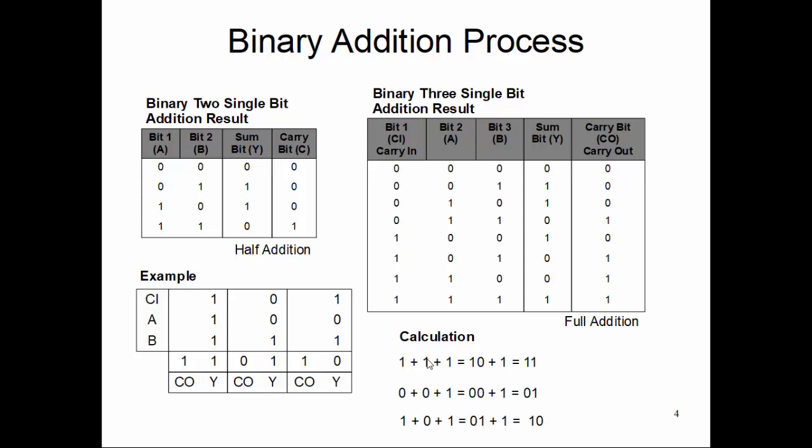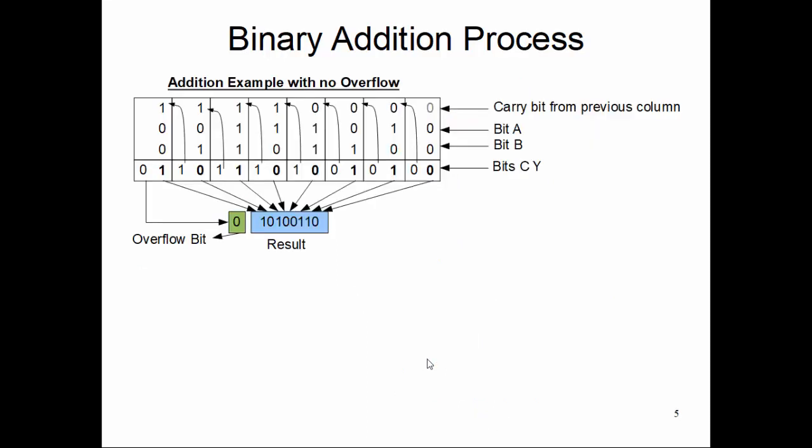Now your addition process, let's say with no overflow. See, each stage of addition is from each column. We are adding binary values here, assuming they are unsigned.